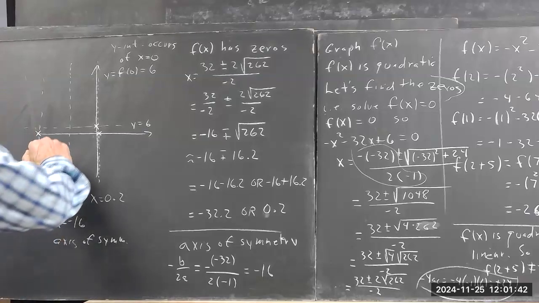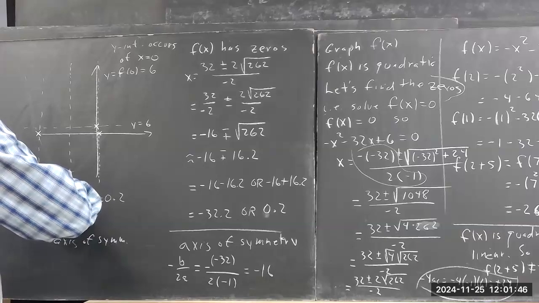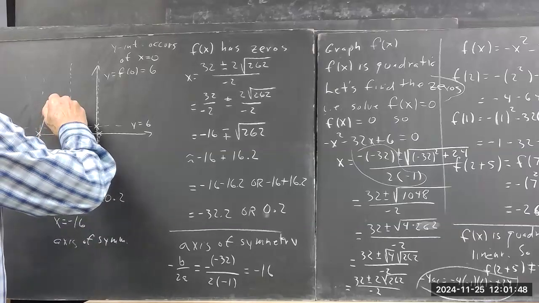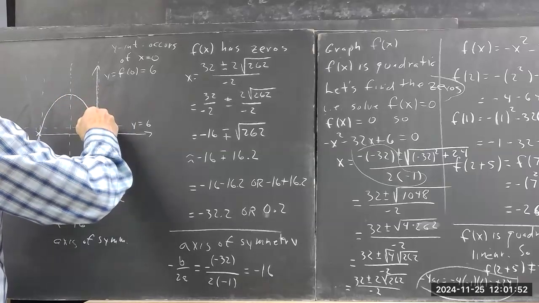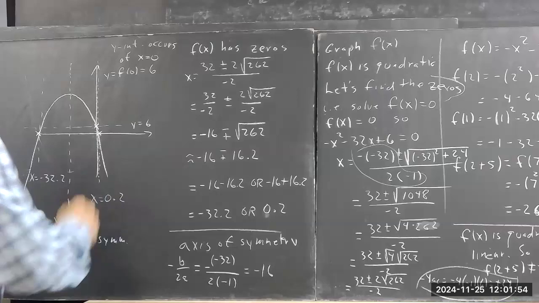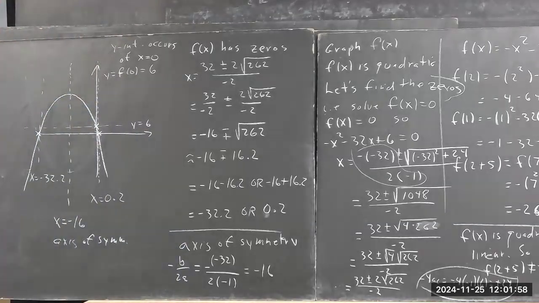We have to draw it like this. We've got a peak here. There's the peak. It's going to come down like this. Okay, and I think everybody's got that down.